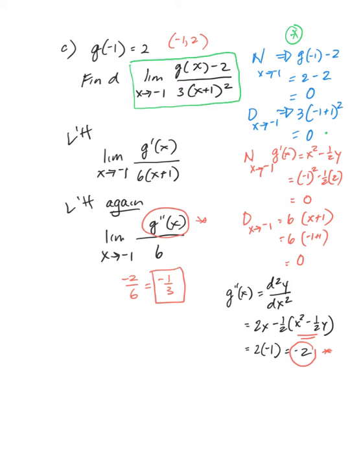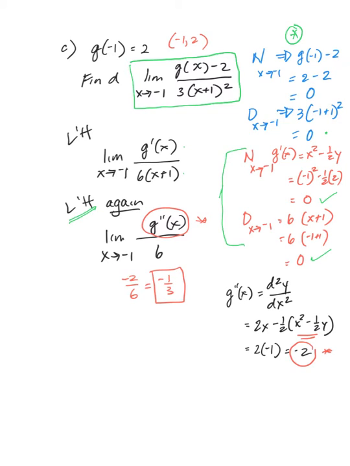So I'm going to take the derivative of the numerator divided by the derivative of the denominator, and again, I'm going to look at what those values are. In the red, we have the behavior of the numerator and denominator at our new functions, g prime and 6 times x plus 1. Both of those, again, are equal to 0. We can apply L'Hopital's rule. I get g double prime over 6.